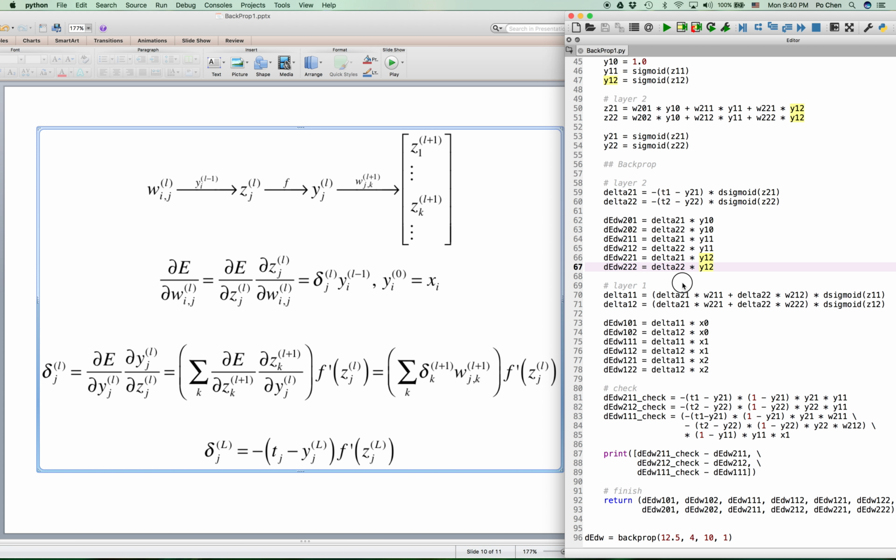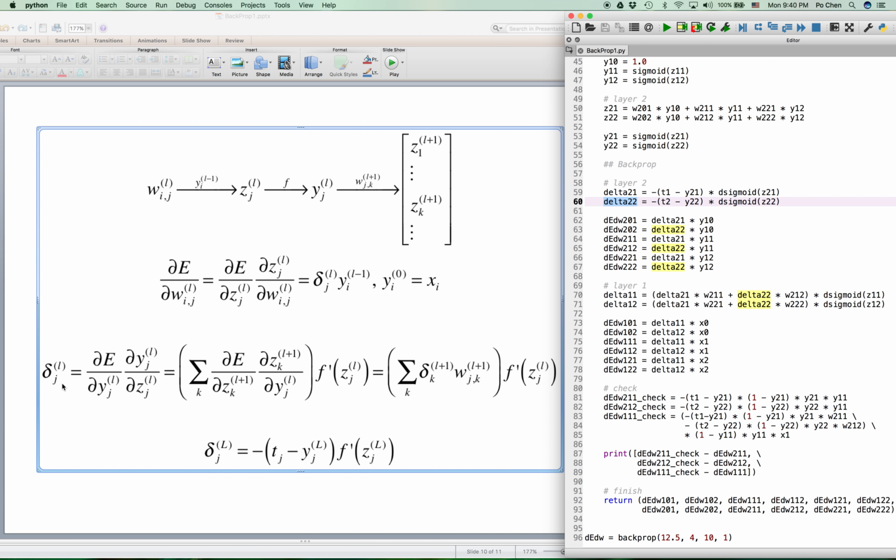We have already computed the deltas in layer 2 and stored them in these two variables. The summation index k has only two values, 1 and 2, because layer 2 only has two deltas, delta 1 and delta 2. So this summation over k goes from 1 to 2.